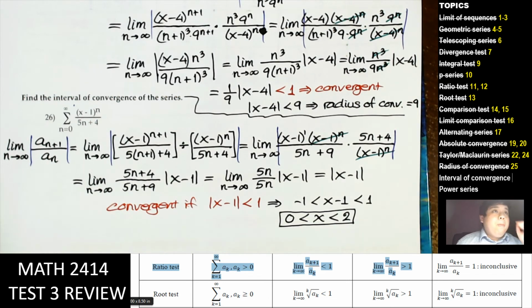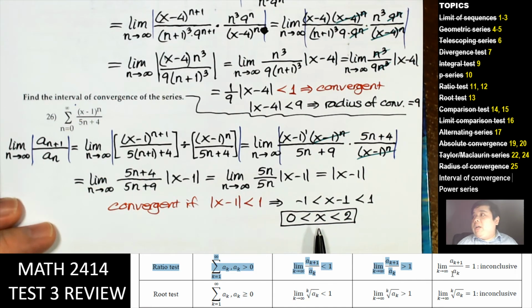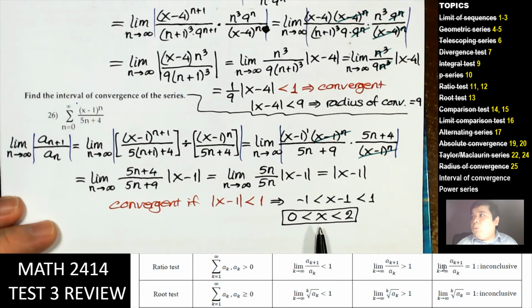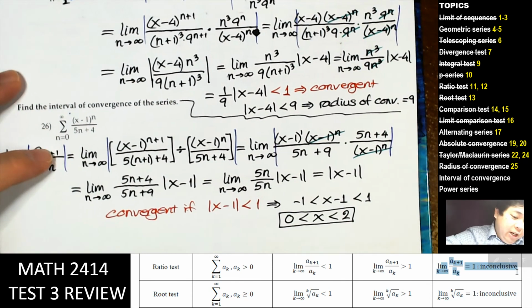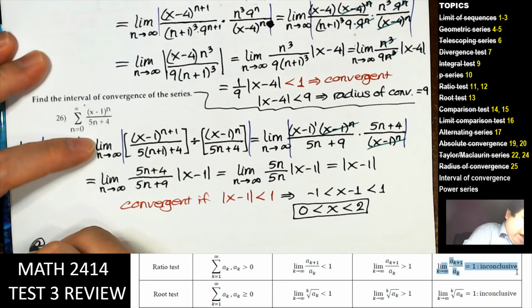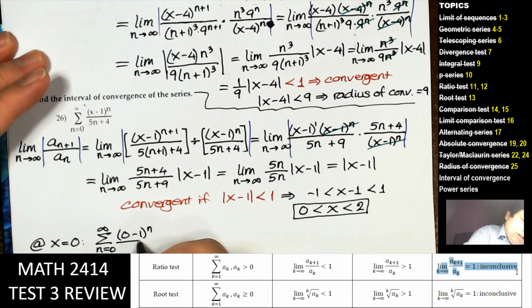Right, we're not done. Because if this is equal to 1, notice that if the ratio equals 1, it will be inconclusive. So we have to check differently when it equals 1, meaning what happens at the endpoints here. So at x equal to 0, we're going to have the series of (0 minus 1) to the n power over 5n plus 4.